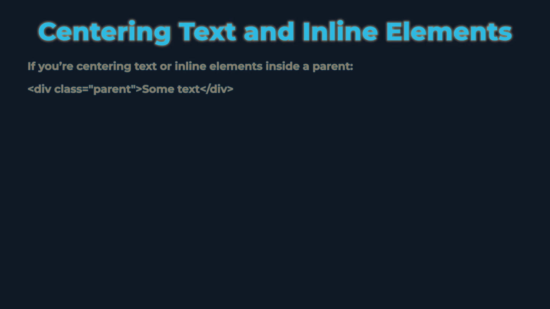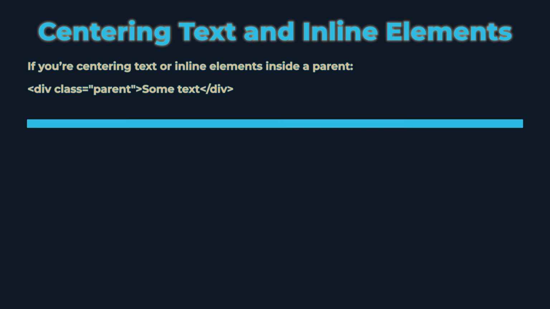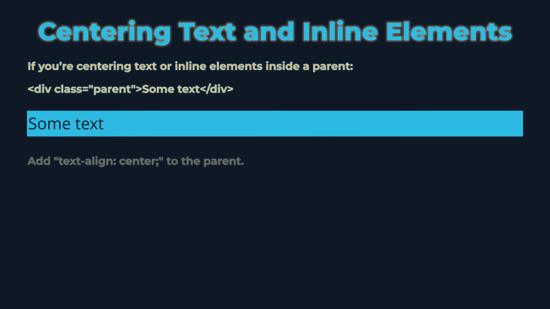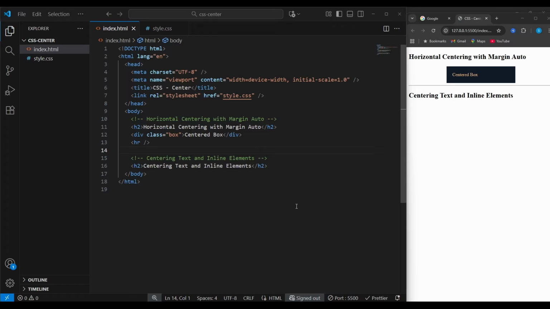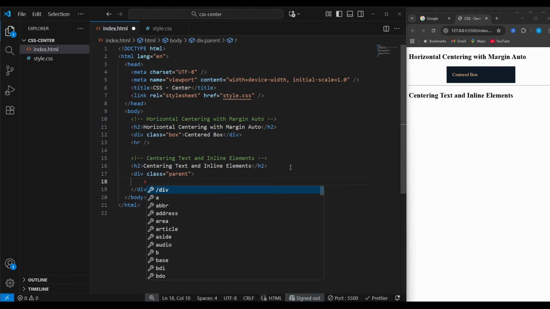If you're centering text or inline elements inside a parent, add text align center to the parent. Now let's try centering text and inline elements. Imagine we have a div. Inside of that, we have two buttons.